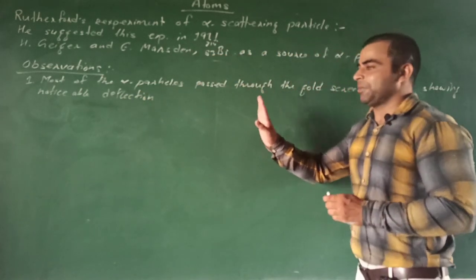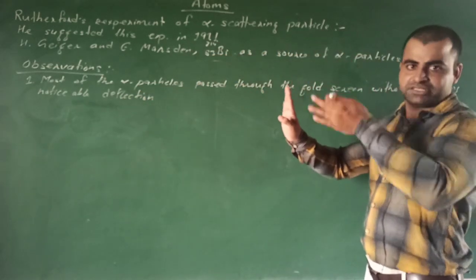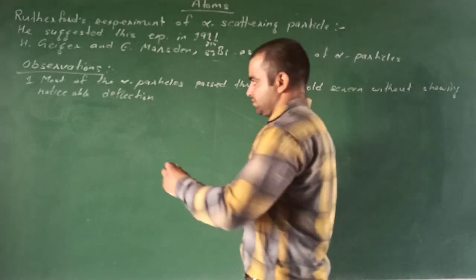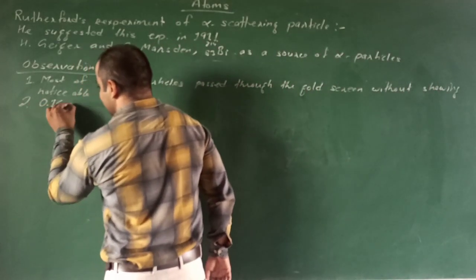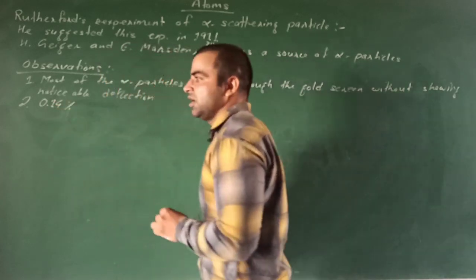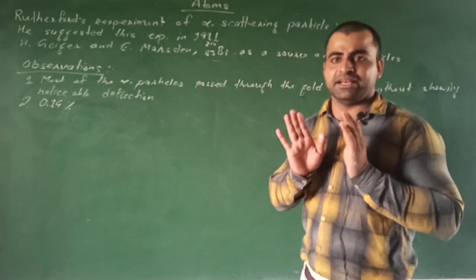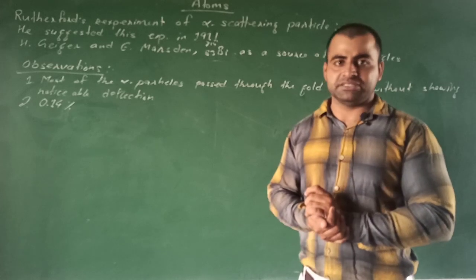Means most of the alpha particles passed straight without any deflection, and only 0.14% of the alpha particles were deflected at an angle more than 1 degree.